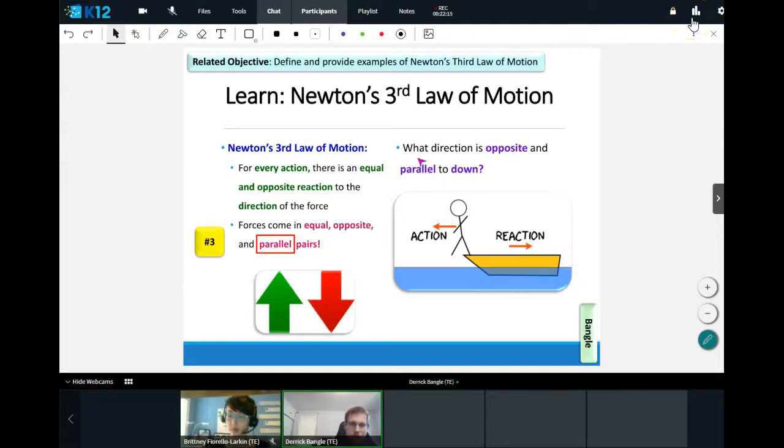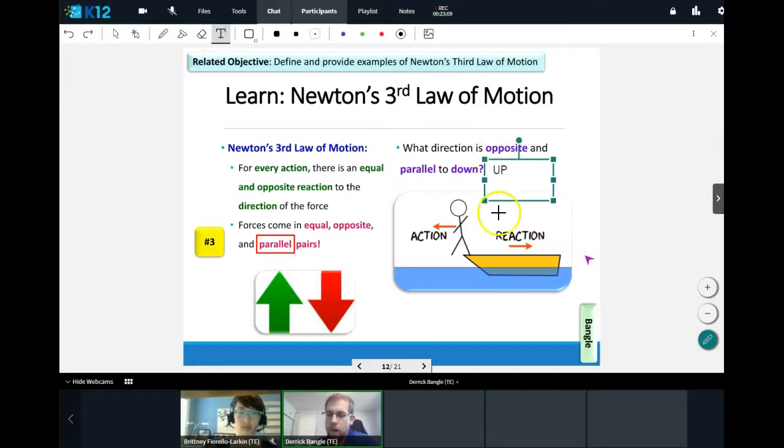Challenging our knowledge, it says, what direction is opposite and parallel to down? Yes, Angelina. Yes, it is up. Just like with the water bottle rocket, because the water is pushing down, it pushes the body of the rocket up. So up and down. Awesome, everyone.